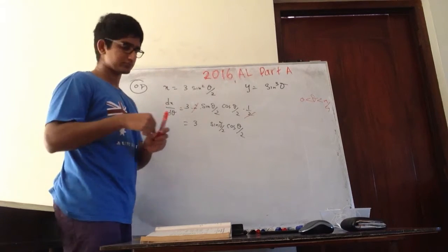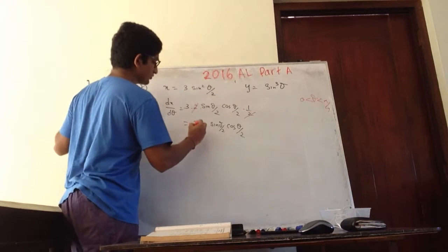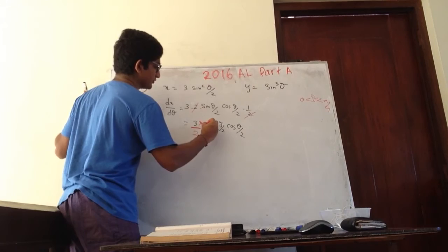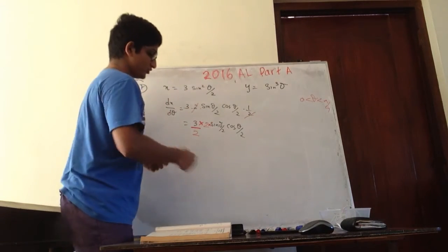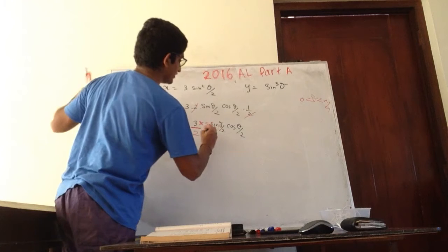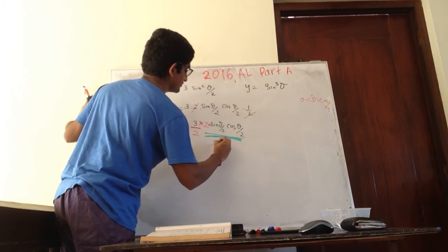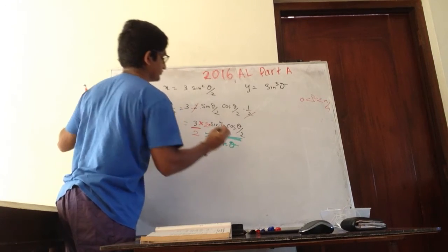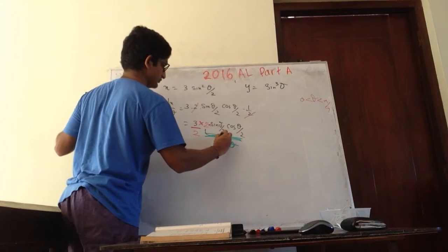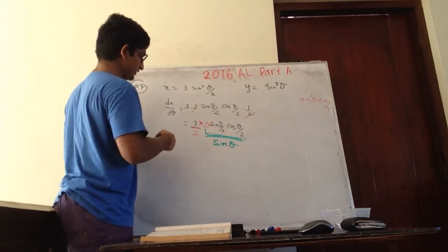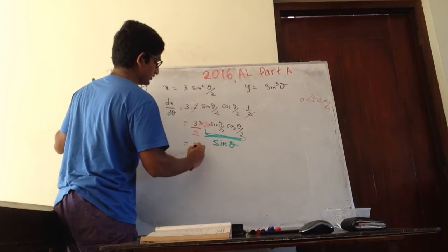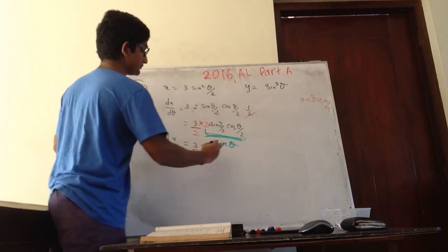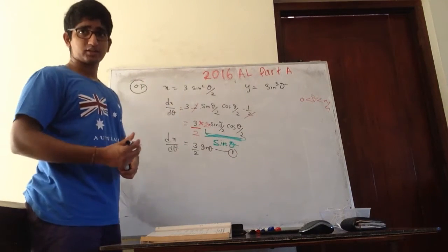What I am going to do is divide by 2 and multiply by 2, so that this becomes sine theta. So then I will get 3 over 2 sine theta as dx over d theta. That is number 1. Correct, no?